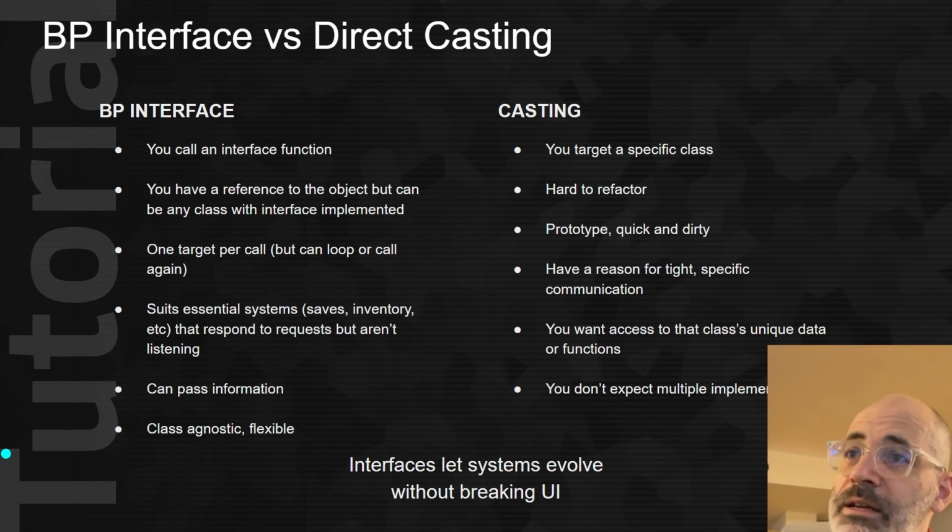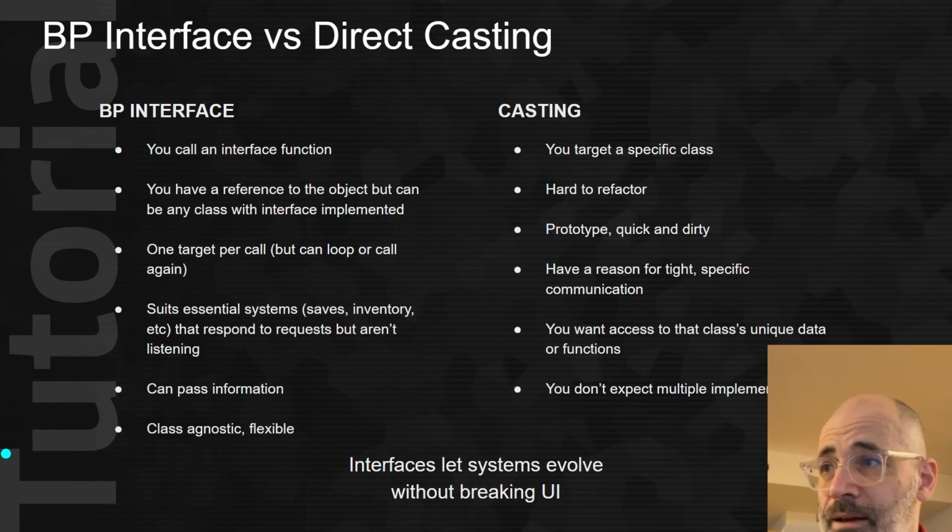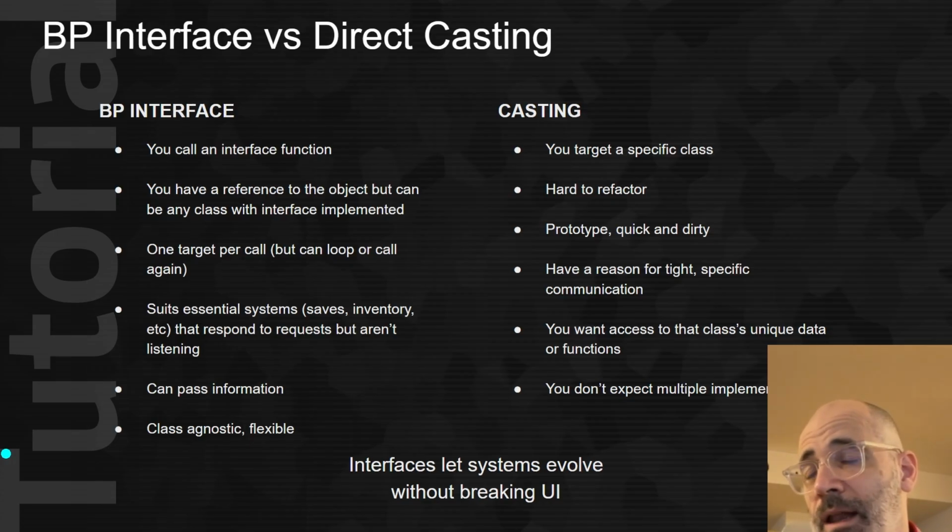Casting is highly specific. I had to choose the directional light right there in our box menu blueprint. And so that makes it harder to refactor. If down the line we want to have not a directional light but something else, I need to come back, find how to cast it, and put in the details. So that's great for prototyping or quick and dirty work, or if you have a reason for very tight specific communication.